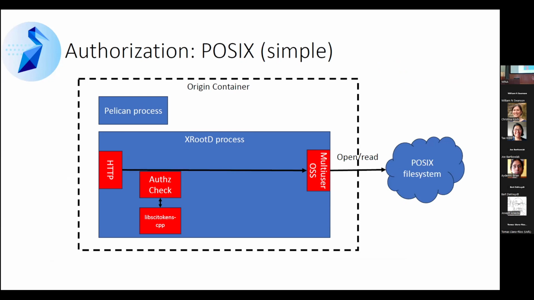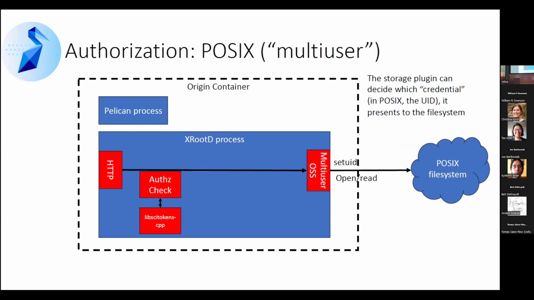So if you're a POSIX file system, how do you talk to a POSIX file system? You say open, read, close. If you're a more complicated setup and you have multiple users, for those of you who remember your Unix design class, you say setuid, use this credential for user ID 1234, and then open, read, close.